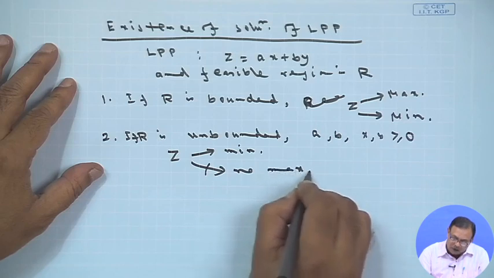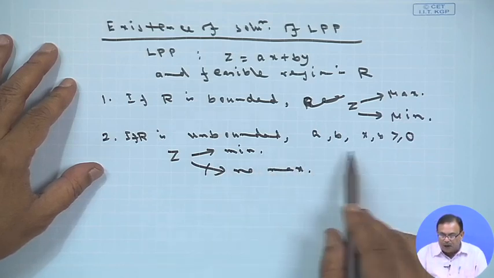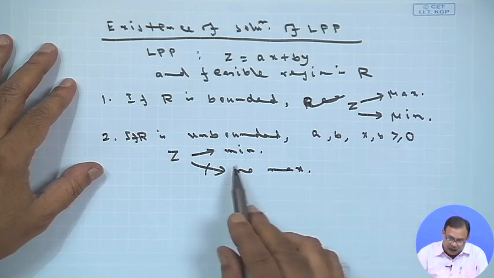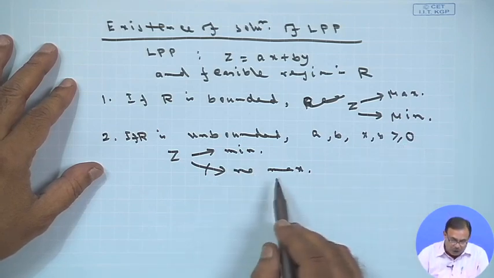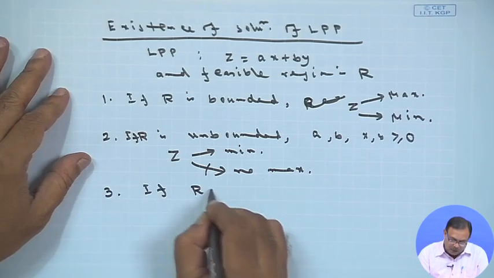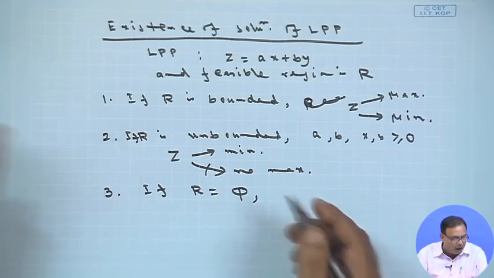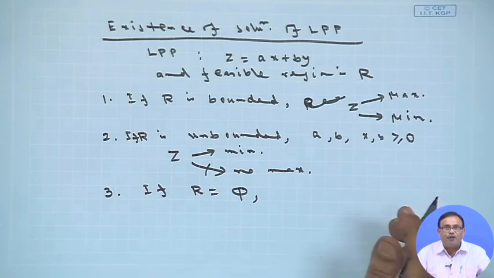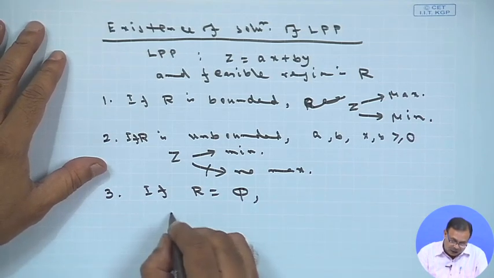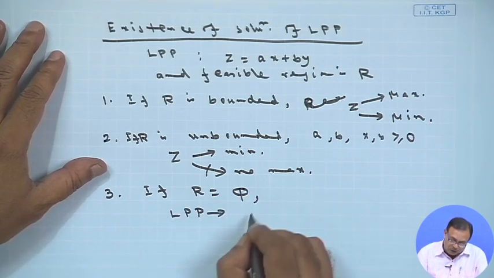Please note this one. If R is unbounded and A, B, X, Y are greater than or equal to 0, Z has a minimum value, but no maximum value. And the third point is, if R equals null, that is, there is no feasible solution, R equals phi, in that case the LPP has no solution.